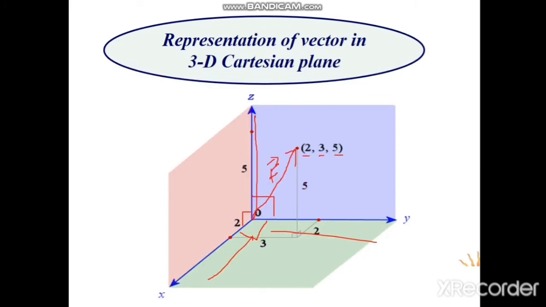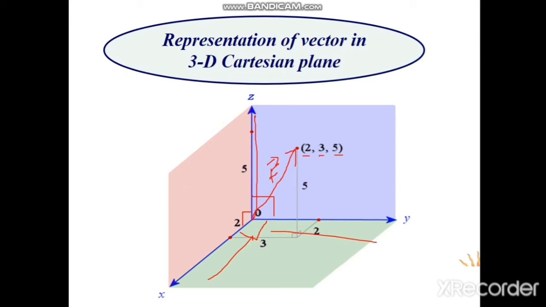So x, y and z, there are 3 coordinates of the vector in the case of 3 dimensions. The x component is along the x-axis, the y component along the y-axis and the z component along the z-axis. Here the values are 2, 3 and 5 for the x, y and z components.